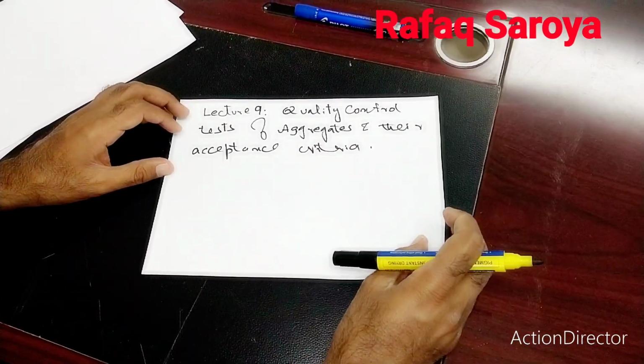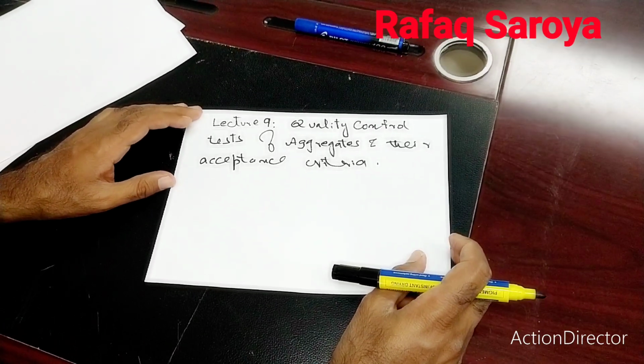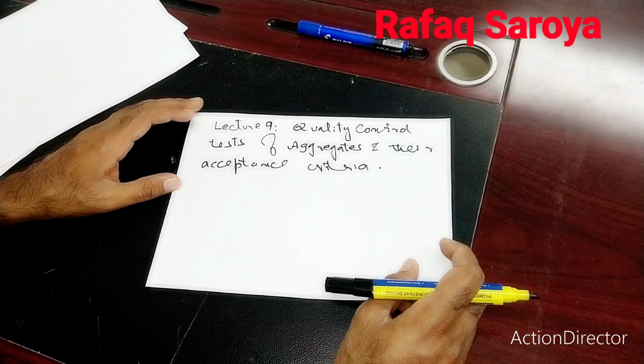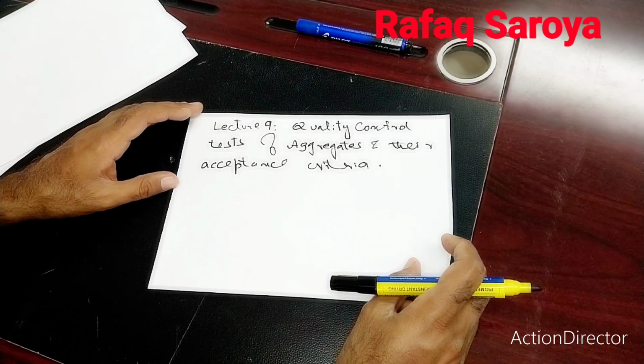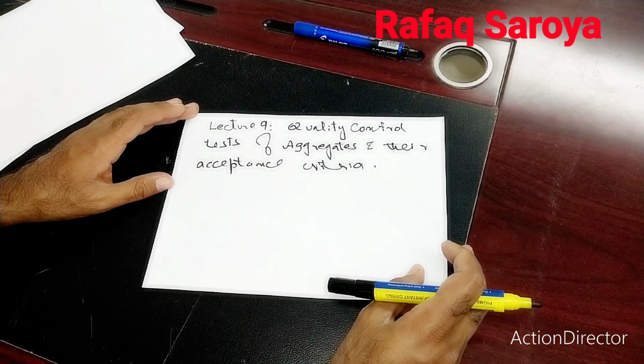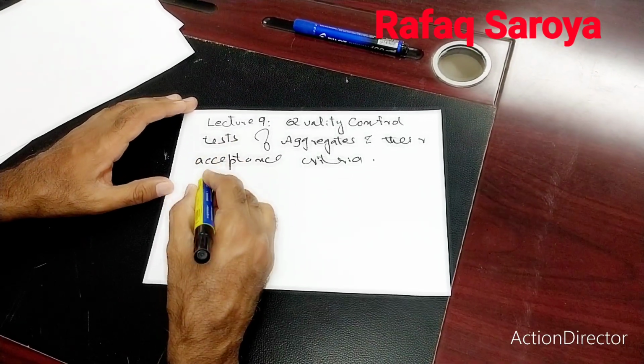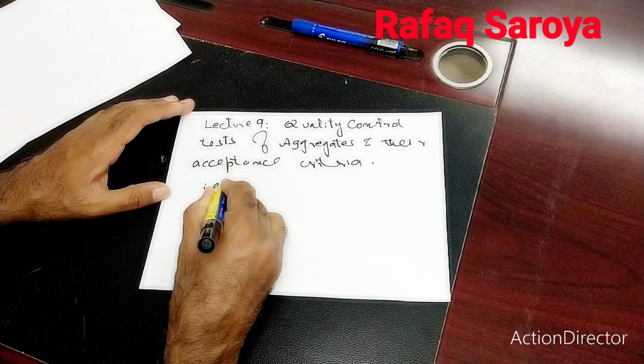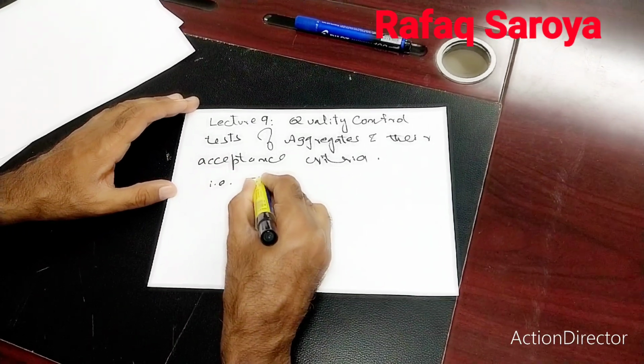Today I would like to explain to you very briefly which type of test is required in order to validate the aggregate. First of all, you should keep in mind that testing of aggregate is essential.